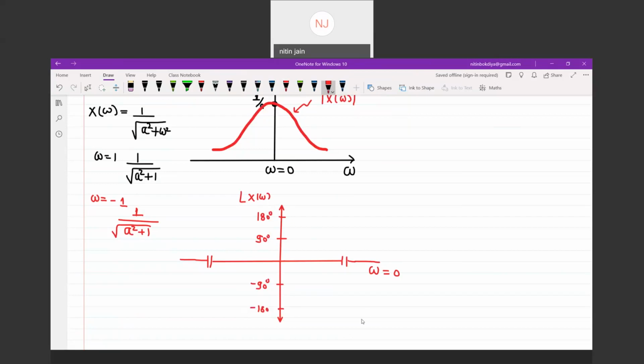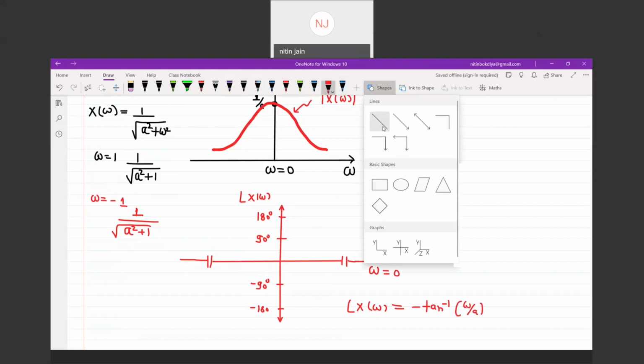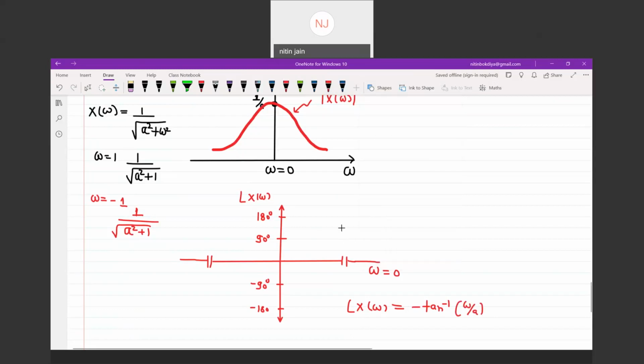And what is the angle? You know that the angle is minus tan inverse of omega by a. When omega is approaching infinity, what I can say, that's why the scale is broken here. When omega equals infinity, it's minus infinity. So let me remove this.